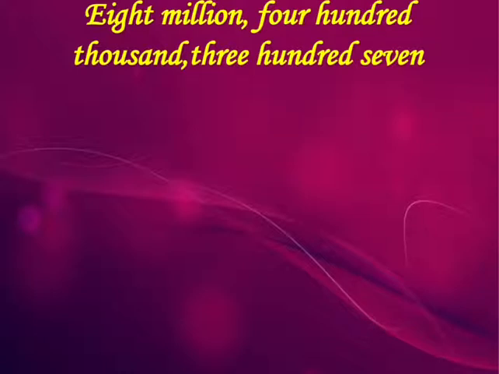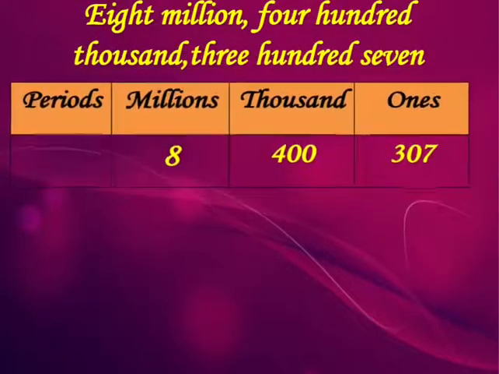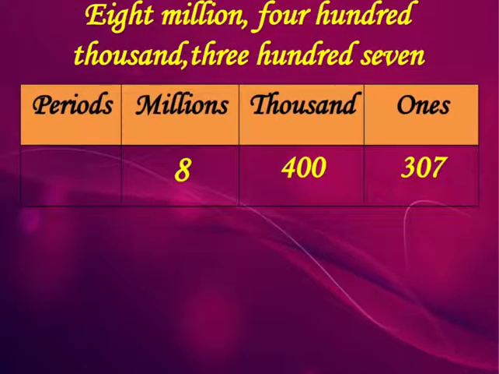Let's have a look at another example. Here we are given the number name and we have to convert it into the standard form or the numeral form. The example is 8,400,307. So what we're going to do? We will be writing 8 under the millions column, 400 under the thousand column and 307 under the ones column.